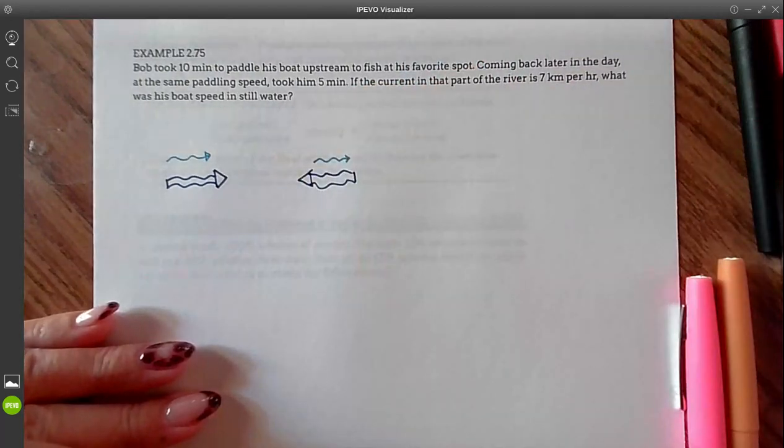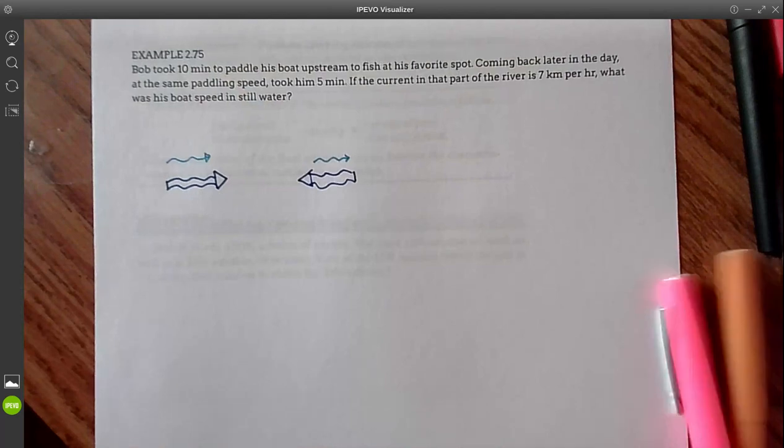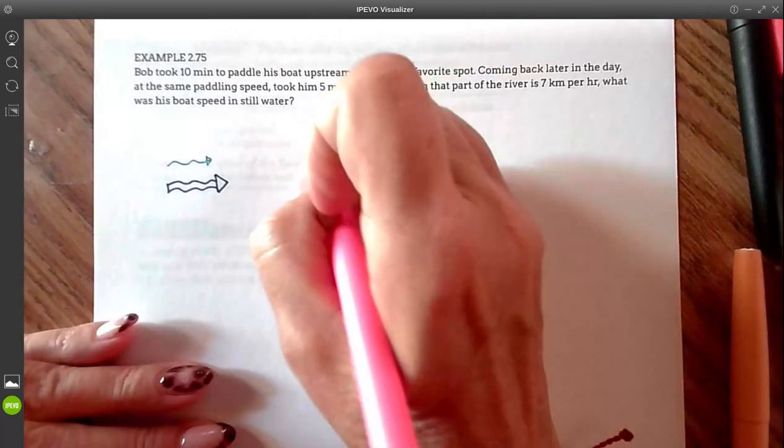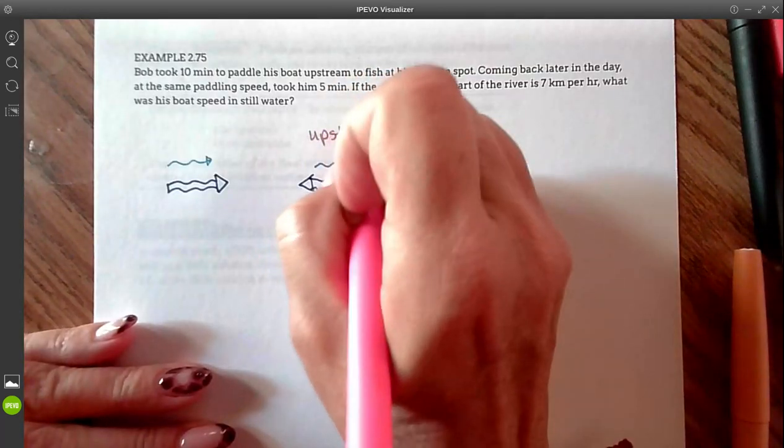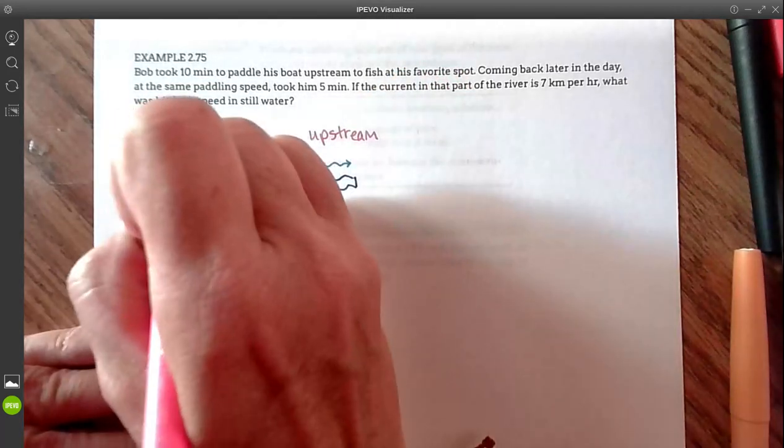So when he's going upstream, that's the situation where the two are opposing forces. So this is our upstream scenario, and then this is our downstream.